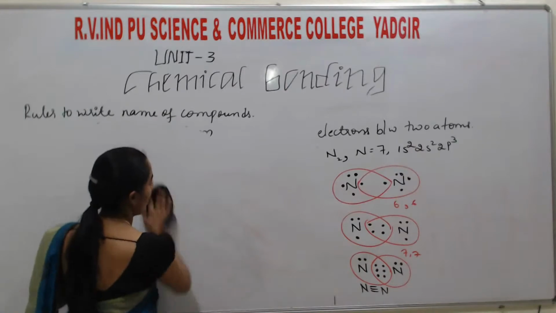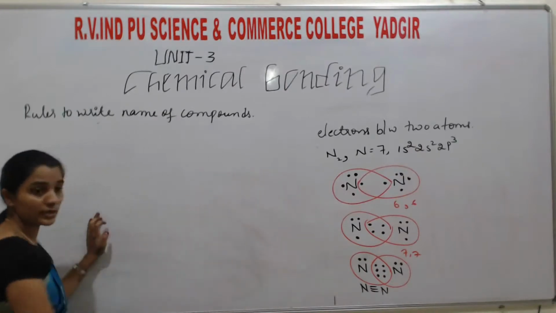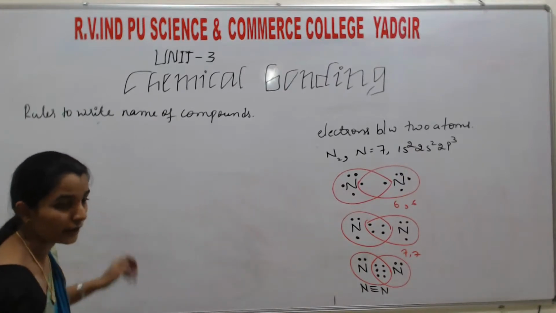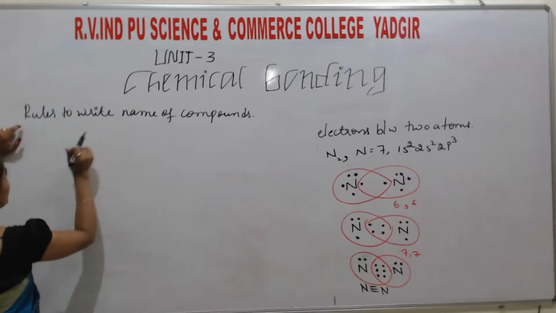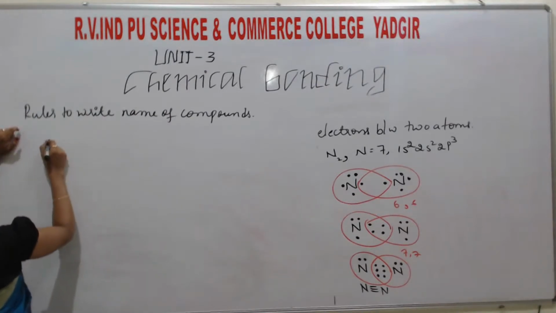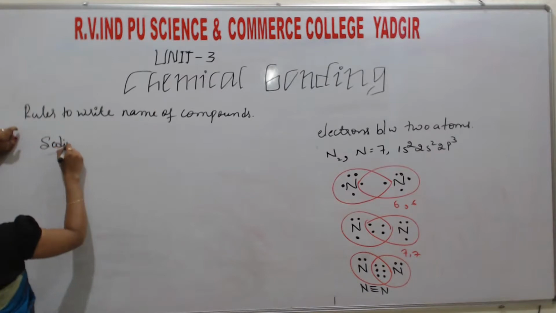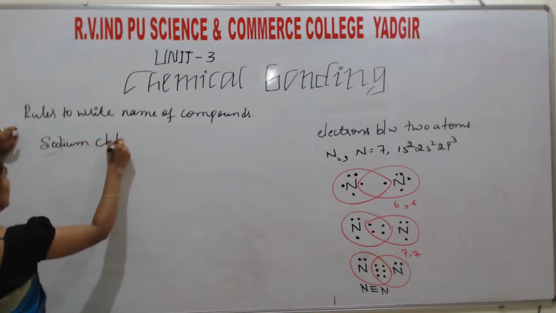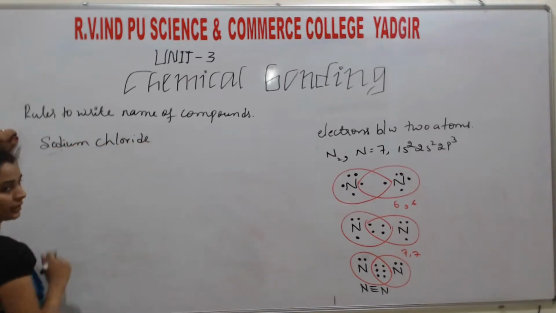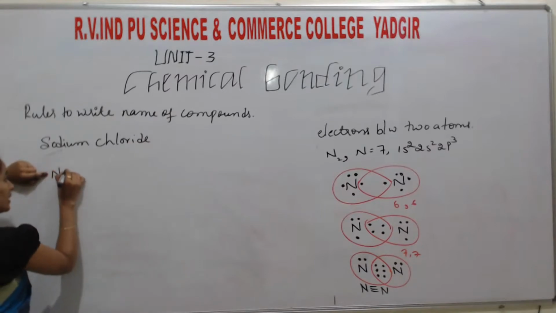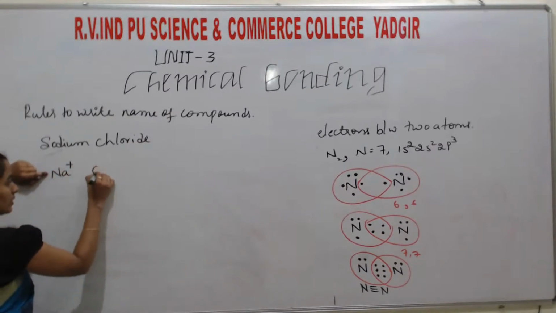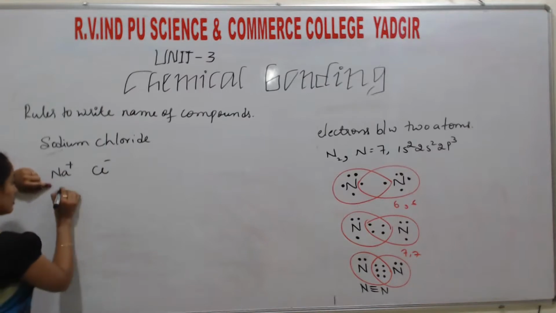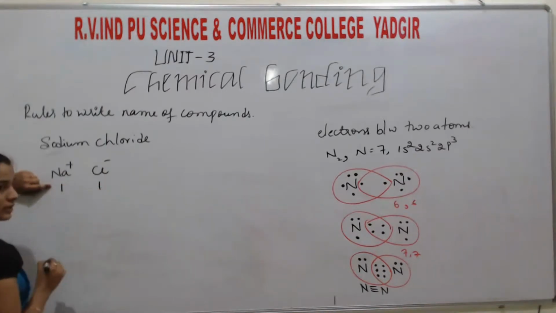Then to write the formula, you should know the oxidation state of the respective atoms. For example, listen here. Sodium chloride again. Sodium means Na plus, Cl minus. So this is +1, this is -1.